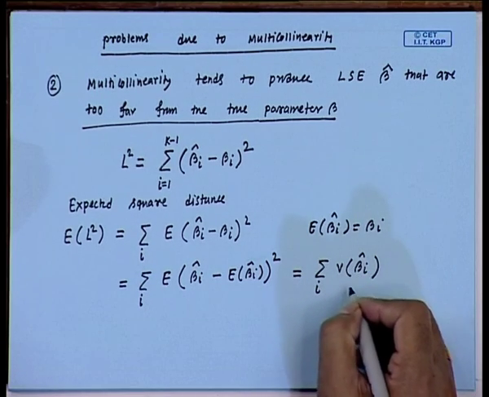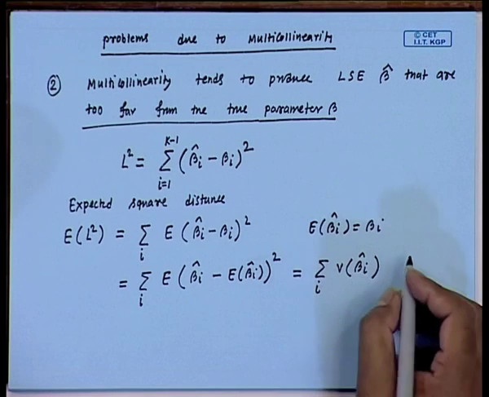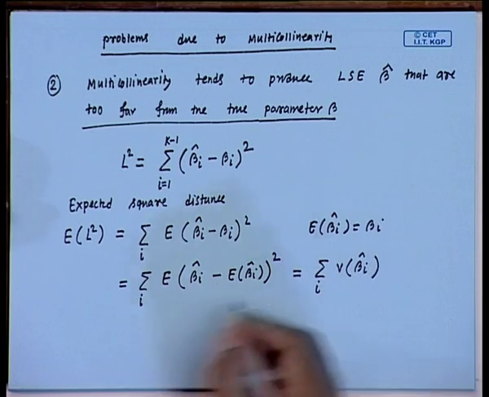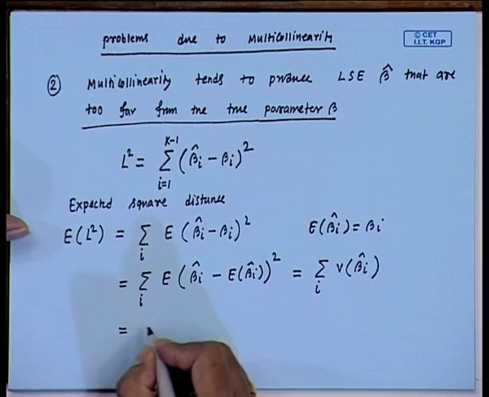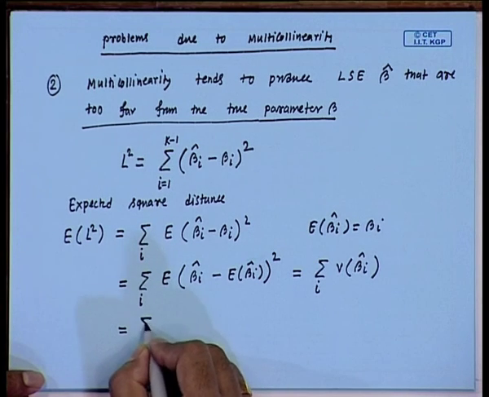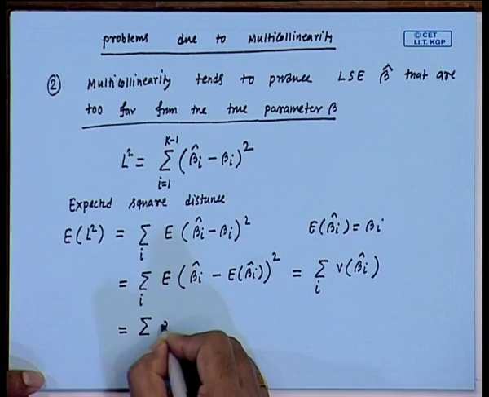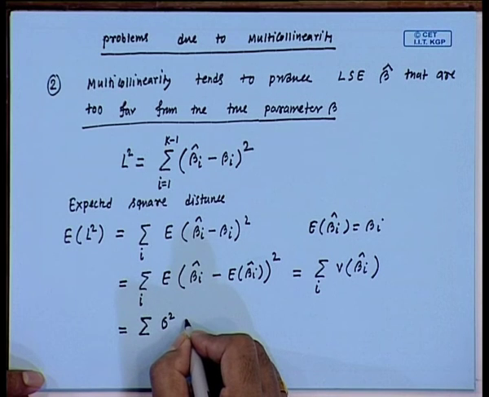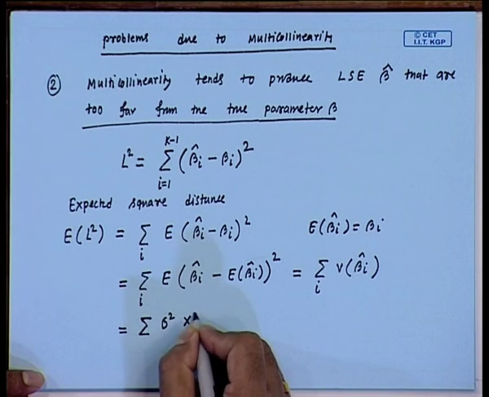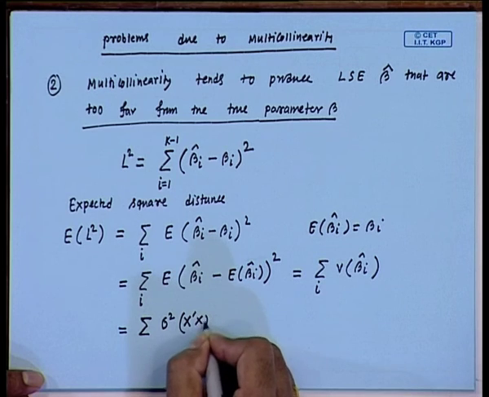Now, the variance of beta I hat in the multiple linear regression model is equal to sigma square times the ith diagonal element of X prime X inverse.